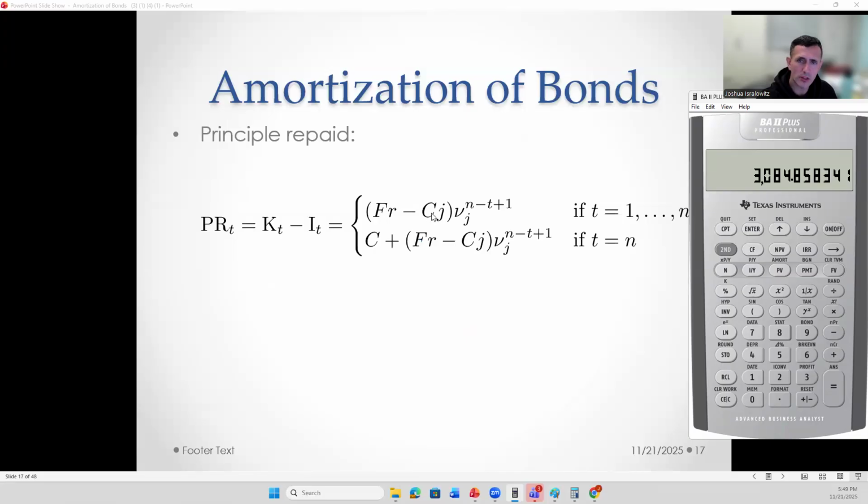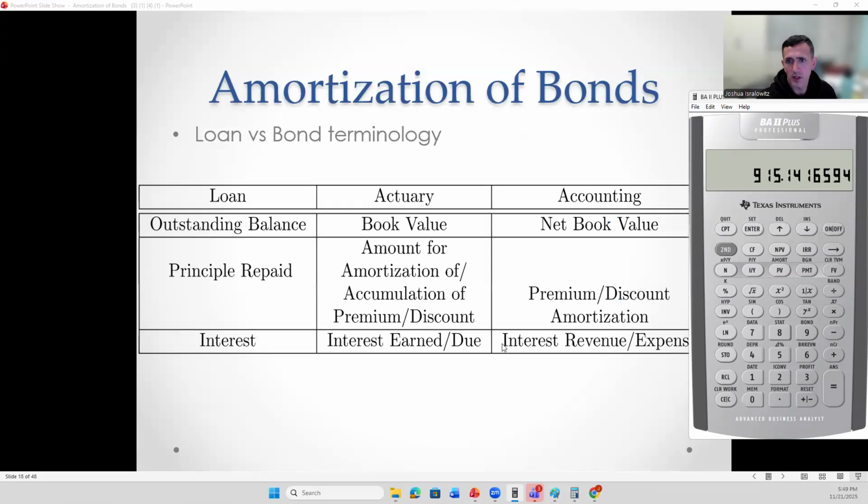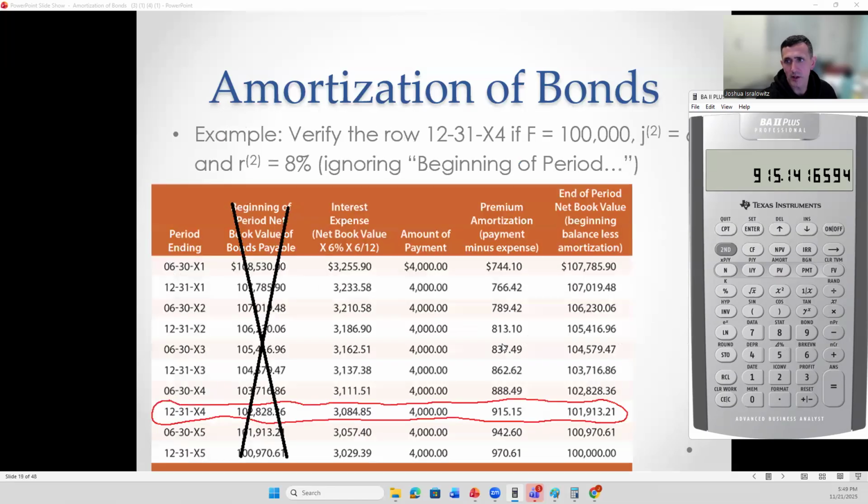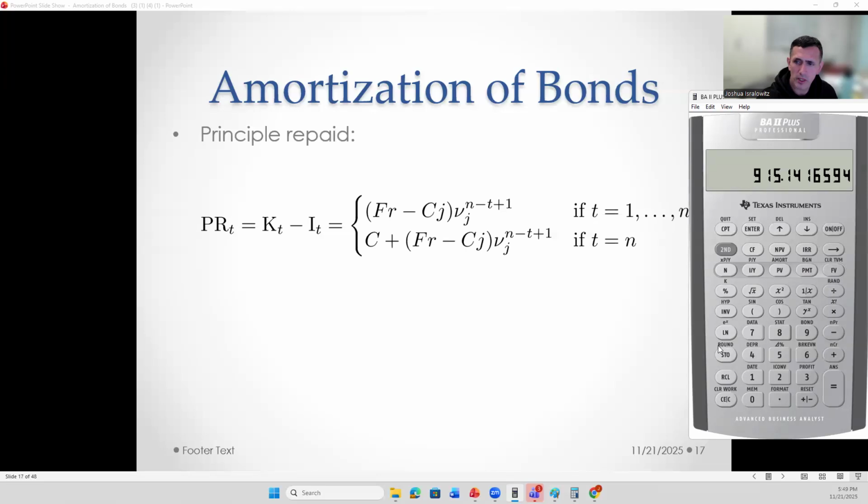And last but not least, principal paid. To get the principal repaid, you could just take 4,000 minus this, and 915.14, off by a penny. But if you want to plug into the formula, that's fine.